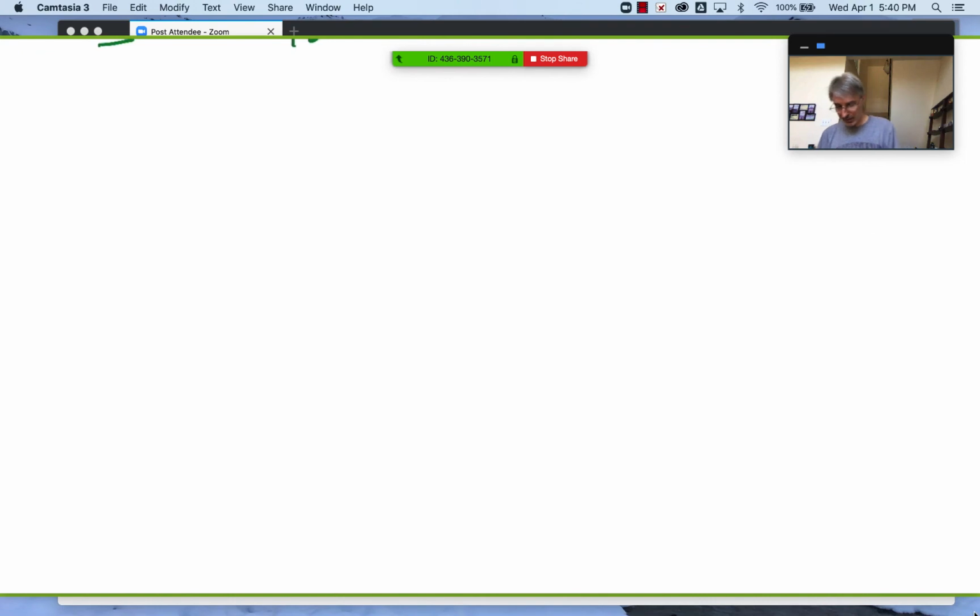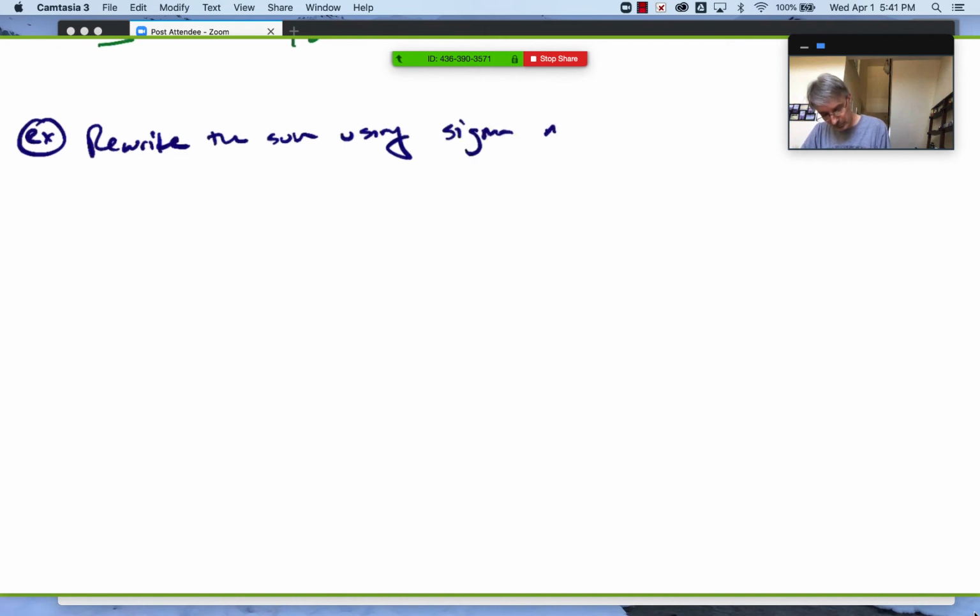The other version of the problem would be to go the other direction. So for example, I might say, rewrite the sum using sigma notation. So maybe something like this: 1 over 1 squared plus 1 over 2 squared plus 1 over 3 squared plus 1 over 18 squared.